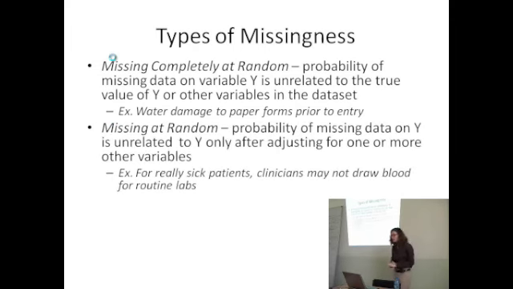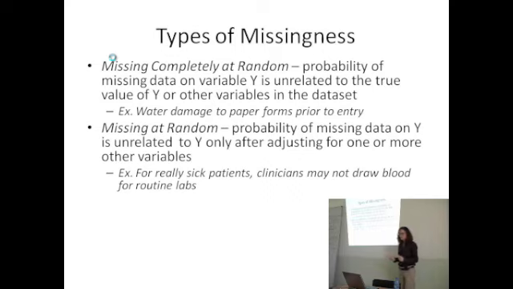So then we have missing at random. This is where the probability of a missing data on variable y is unrelated to y only after you adjust for some other variable. Another way to look at this is to say that the missingness on variable y is related to other variables.